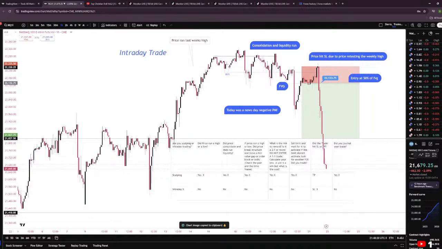Put this in my Discord, which is where I have my journal, so that we can look out for the same stuff, because basically trades just repeat themselves, right? Okay, here we go.